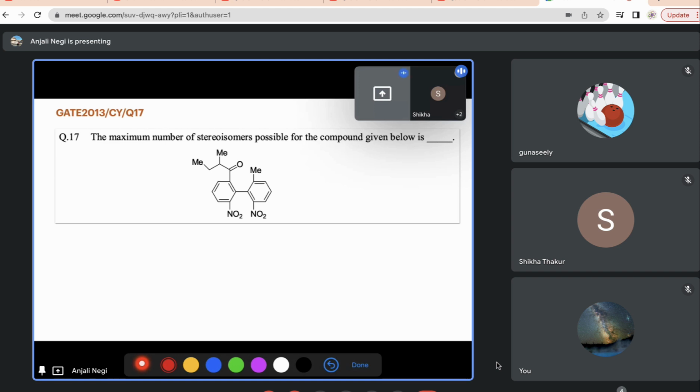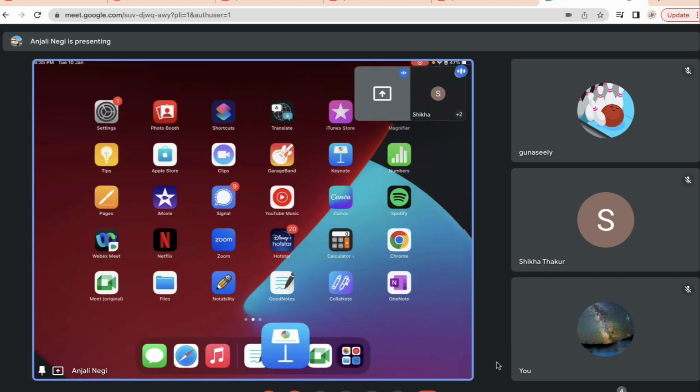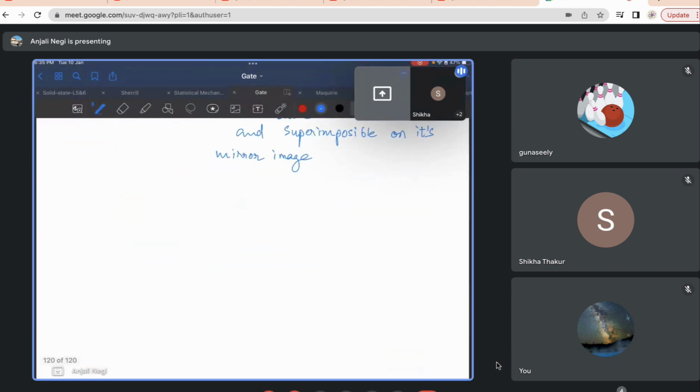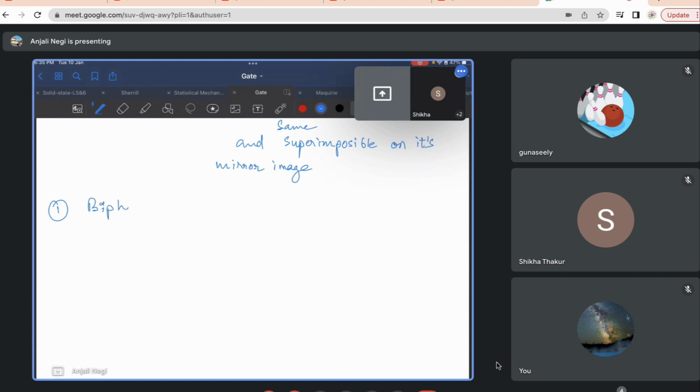So this particular molecule that we have, there is another concept which is very important before we solve the problem, the stereochemistry of biphenyls.